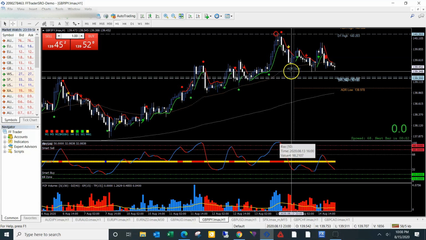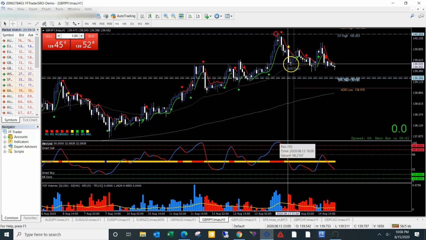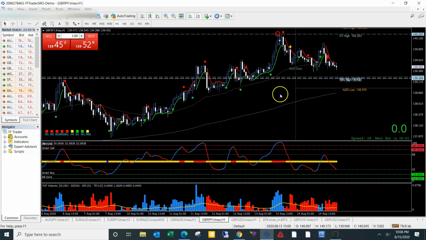So you can take the sell there. And then the third confirmation would be the bearish volume way above.